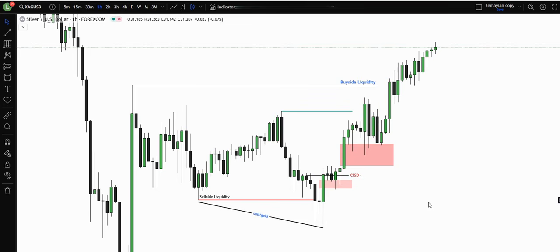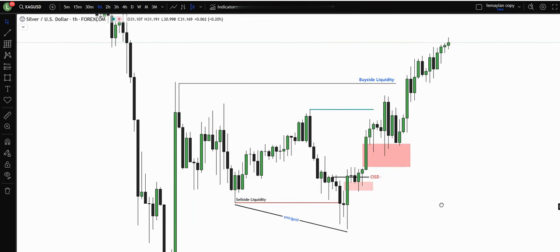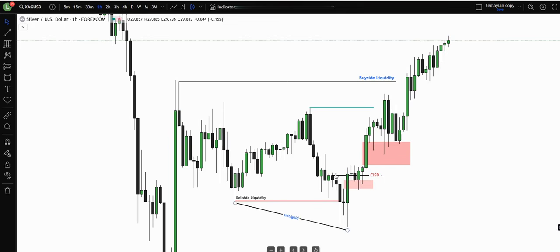Yep, that one. So we have market structure shift by the order block or change in state of delivery. We have liquidity sweep, and then we have SMT with gold. So gold was not really good. That's why I opted to work with this one.